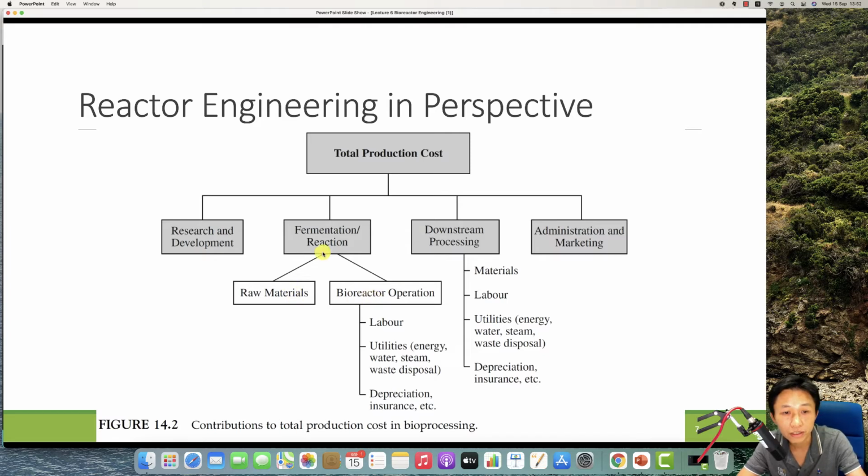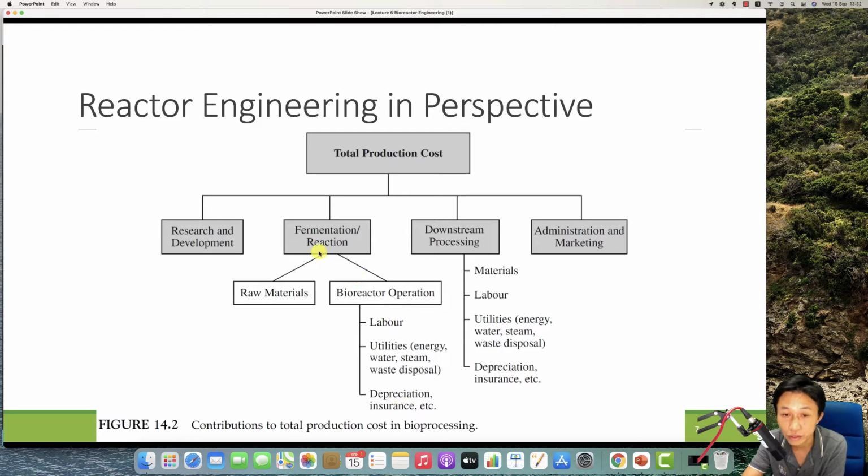For the fermentation or bioreaction, you have raw material, and for the operation of the bioreactor, we have labor for the operator, for example. We have utilities, energy, water, steam, and waste, and then we have some depreciation, insurance, for example.